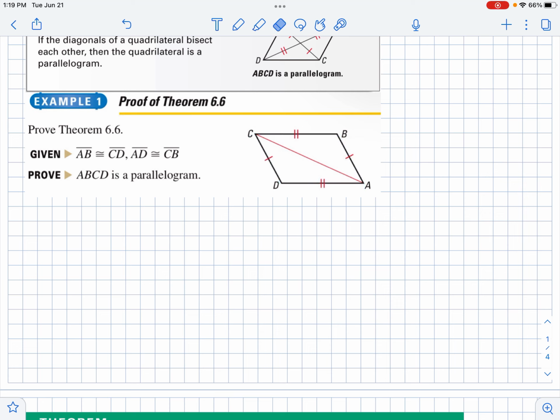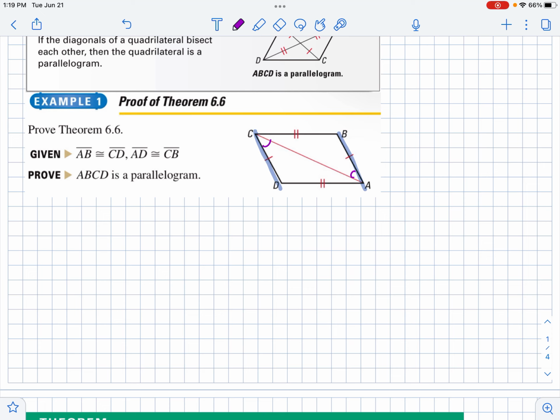Now, with these parallelograms, if I want to show that this side right here is parallel to this side right here, what I'm thinking about is I need to show that this angle is congruent to that angle. So there I have alternate interior angles being congruent to each other.